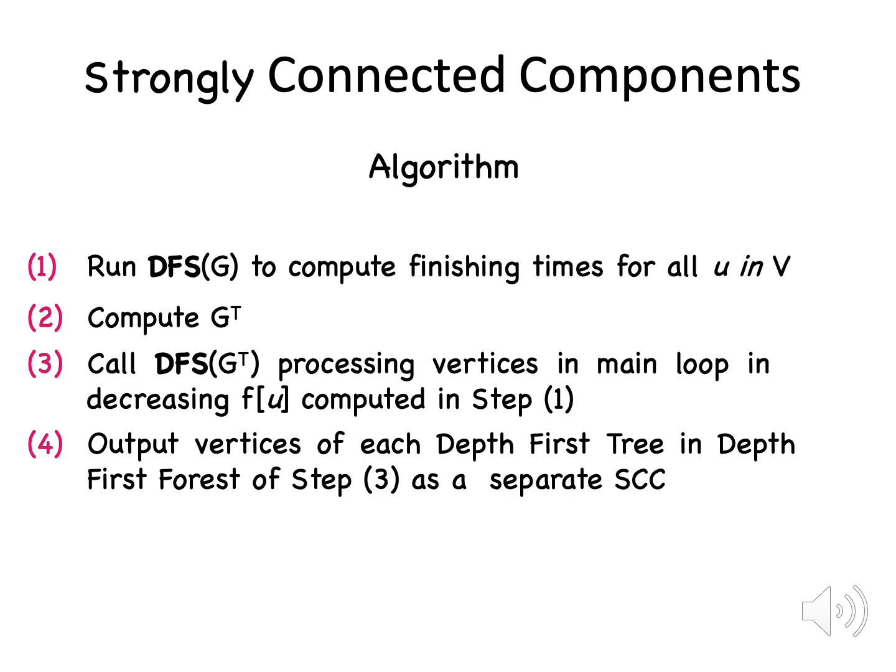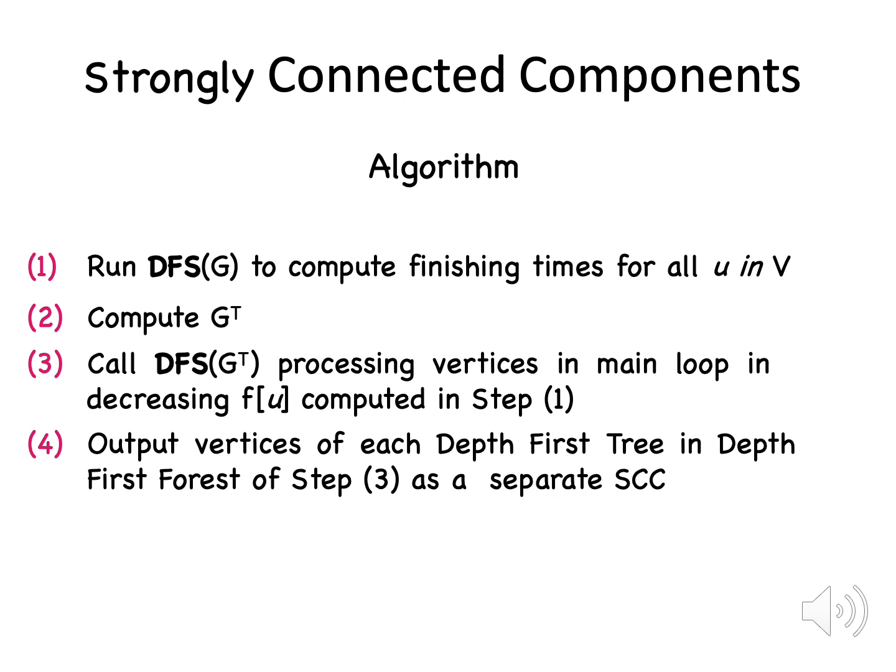Now the algorithm goes in this way. Run a DFS, that is a depth first search, on the graph to compute finishing times U.f for all vertices, if you remember what we discussed in DFS. Now compute G^T.